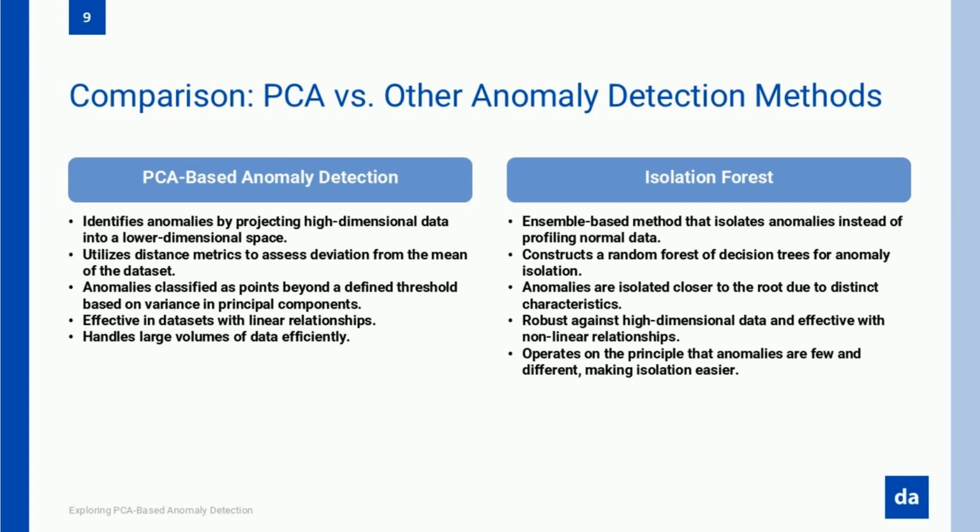However, for nonlinear data, highly structured datasets, or cases requiring explicit decision boundaries, methods like isolation forest, one-class SVM, or autoencoders might be a better choice. Each method has its strengths and weaknesses, and in many cases, combining PCA with other techniques leads to the best results. Next, let's see PCA in action with real-world case studies, starting with anomaly detection in network security.